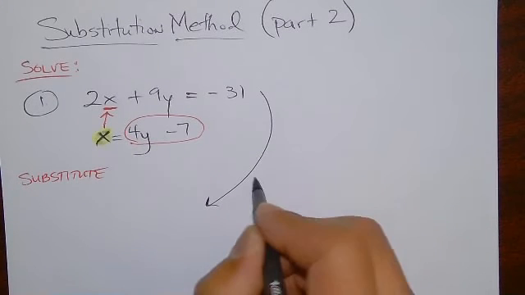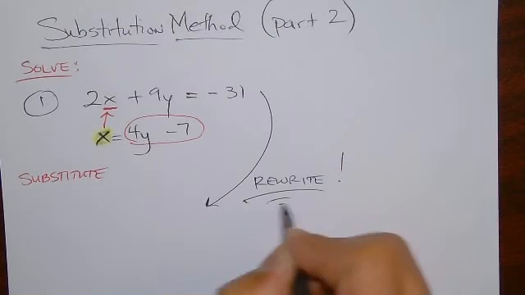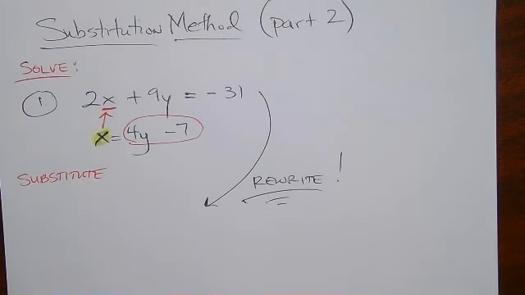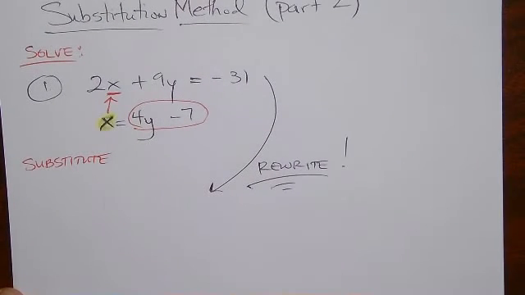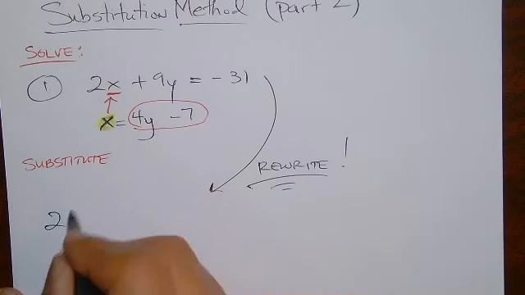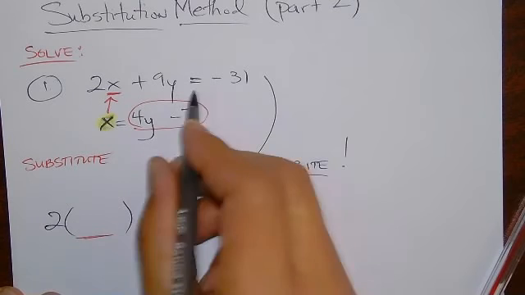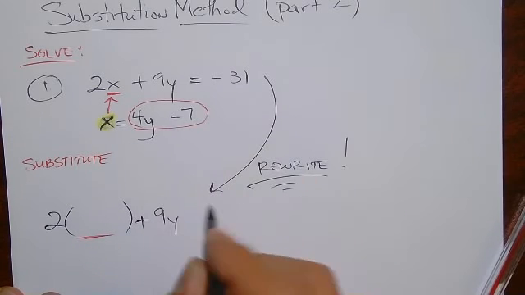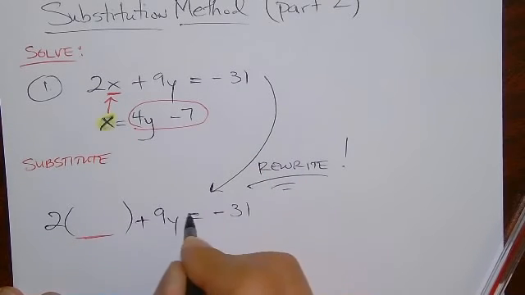When I rewrite this equation with the substitution, it's going to say 2, but I'm not going to put x. Let me put an open parenthesis, 2 times something, and I copy the rest of the equation exactly the same.